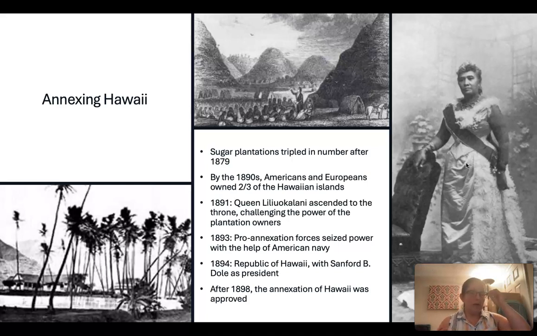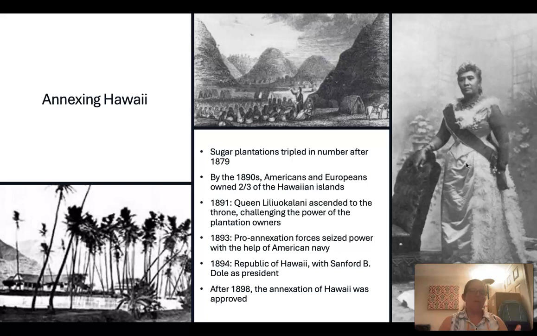So in January of 1893, these annexationists seize power, and they basically depose Queen Liliuokalani. They declare a new Hawaiian republic with Sanford B. Dole, as in Dole pineapples, appointed as president.